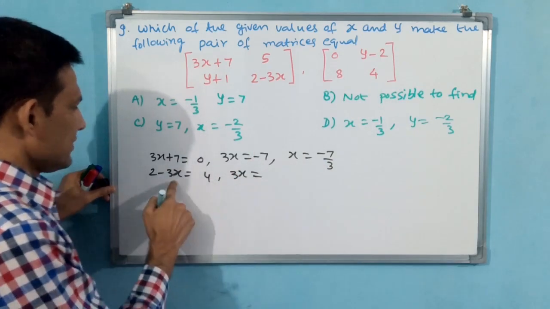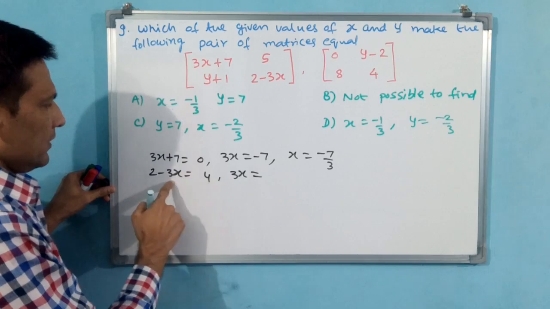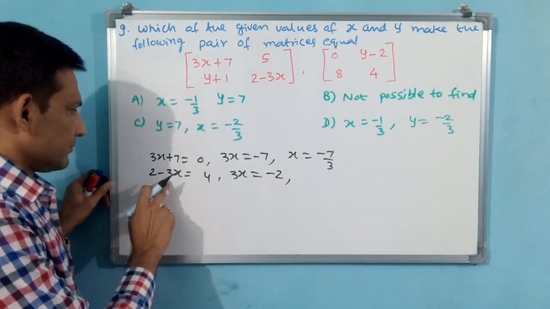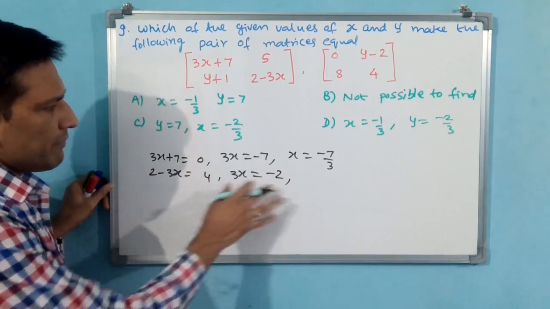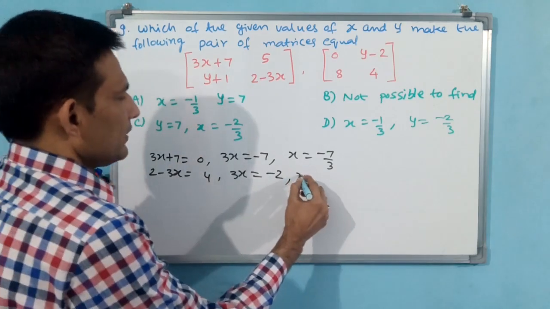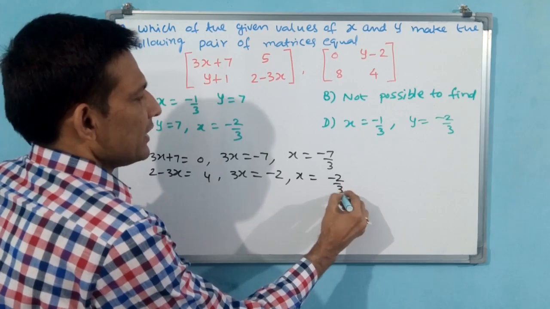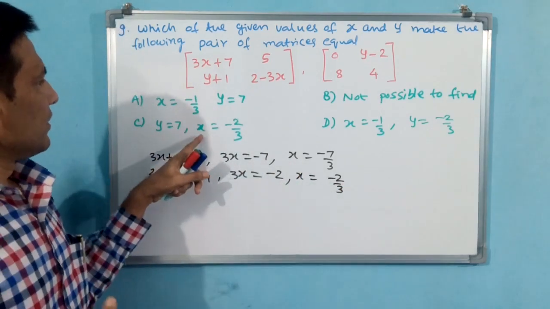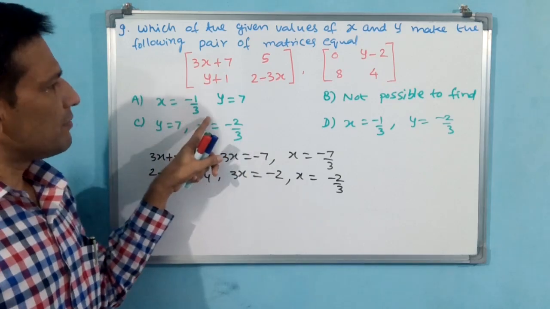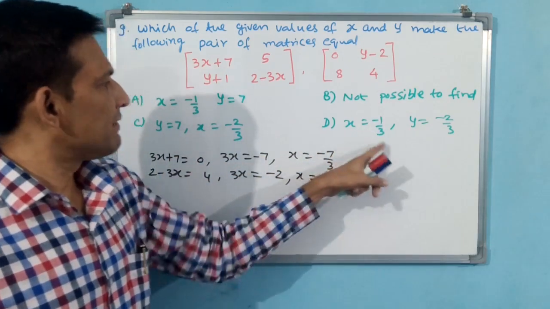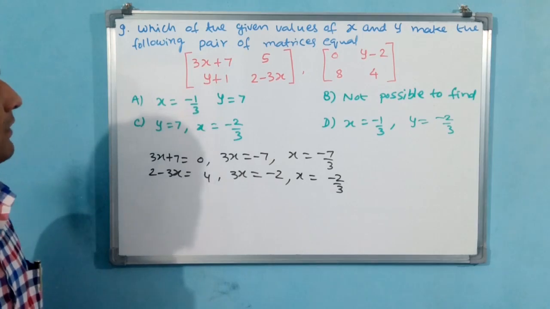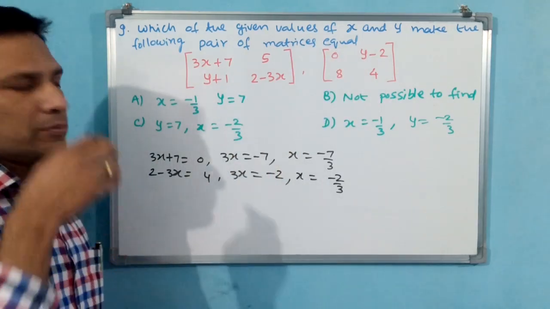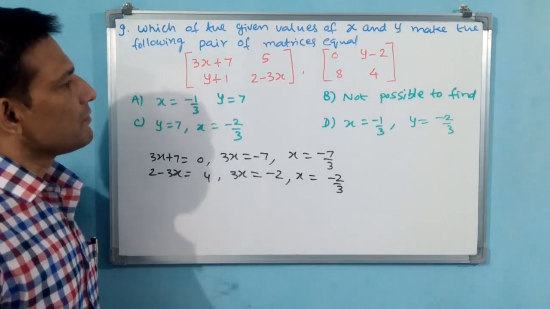Now 3x is equal to 2 minus 4, so 3x is equal to minus 2. Then x will be minus 2 by 3. See, two values are coming for x. Minus 2 by 3 is there, but minus 7 by 3 is not there. Here itself we can say that it is not possible to find, but even then we will see y also.